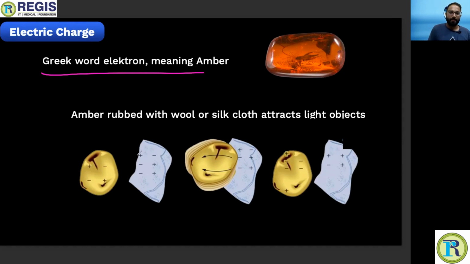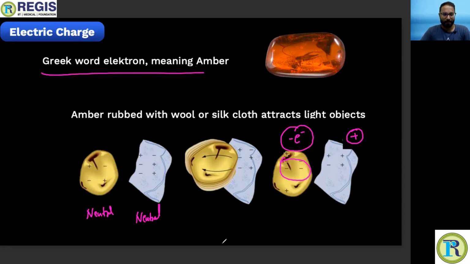For example, amber is initially neutral and the cloth is also neutral. Now when we rub, you can see it has acquired extra electrons. So now it's carrying negative charge and the other is carrying positive charge. Clear?